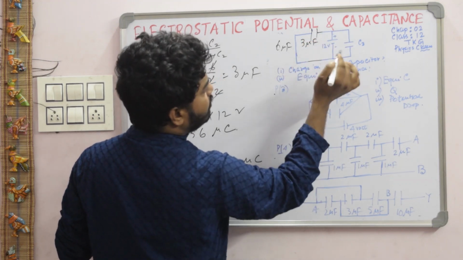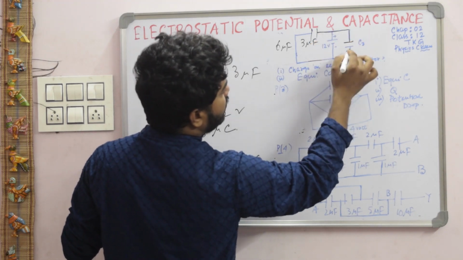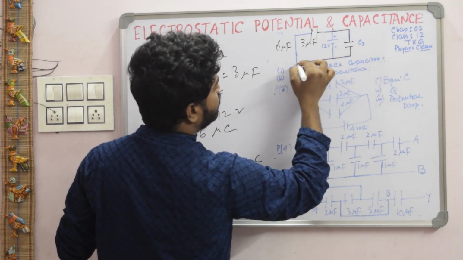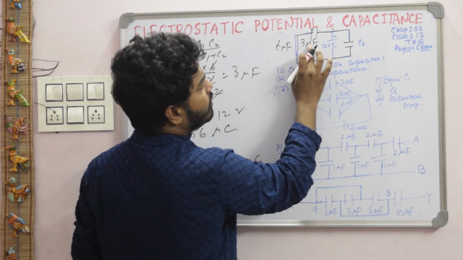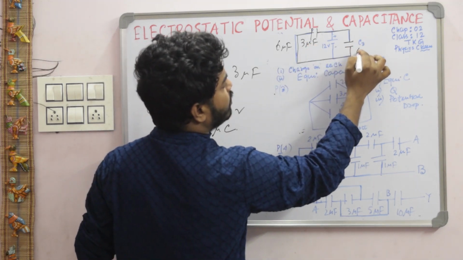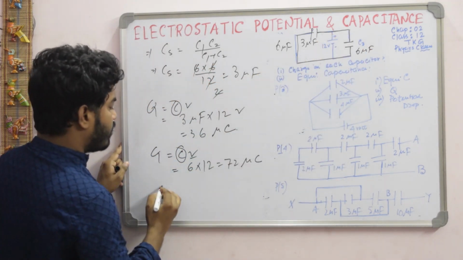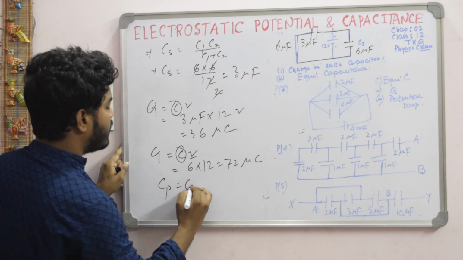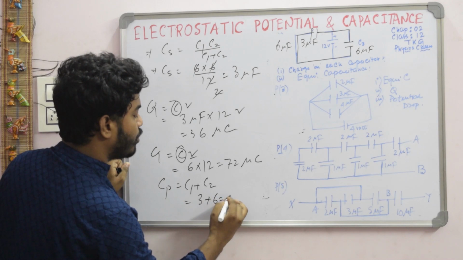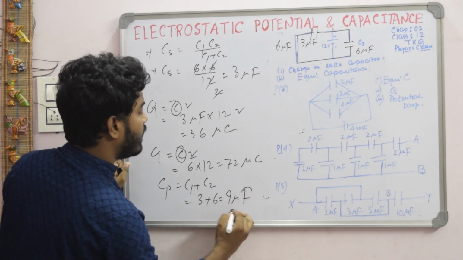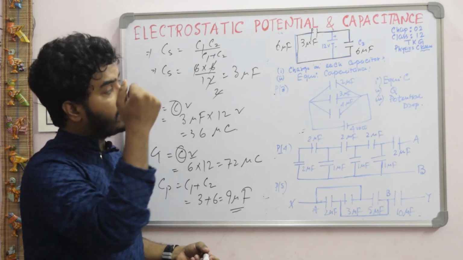Now check, this plate is connected to one plate of C3, and another plate of C3 is connected to another plate of this 3 microfarad. That means 3 microfarad and C3, that is 6 microfarad, are connected in parallel. In a parallel combination, you know the capacitance formula, that is C1 plus C2. Here C1 is 3 and C2 is 6. So the equivalent capacitance answer is 9 microfarad. So this is the way to solve these types of problems.